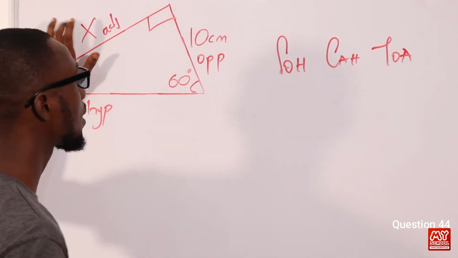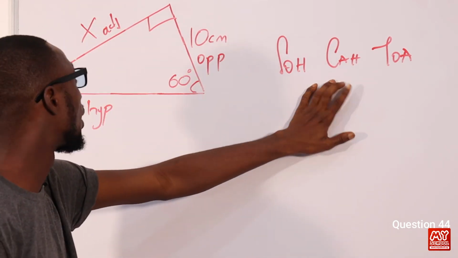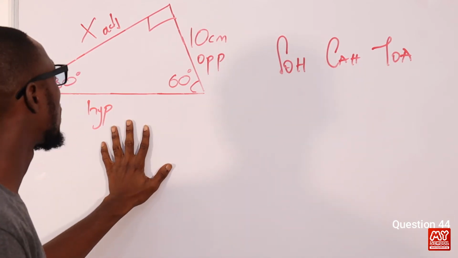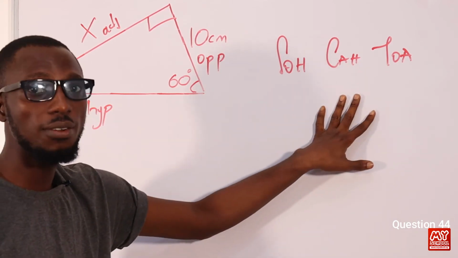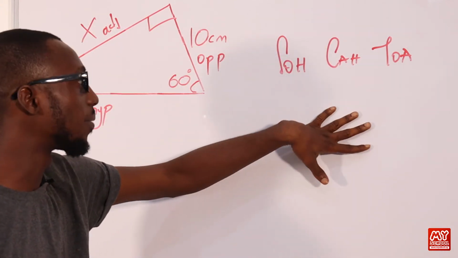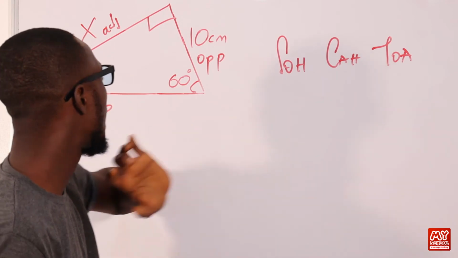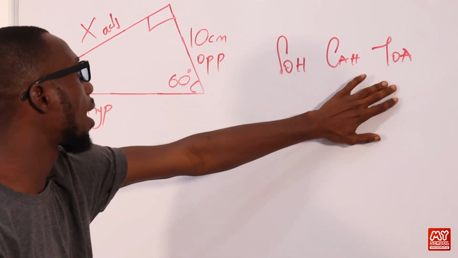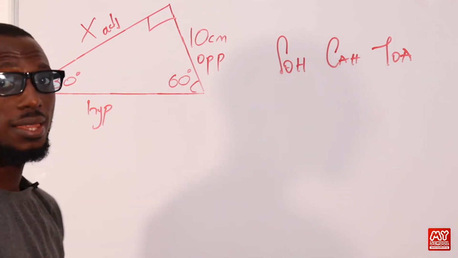We are looking for adjacent. We have adjacent and hypotenuse. We're not given a value for hypotenuse, and we're not given a value for adjacent. So this invalidates cosine. Okay, so let's look at tan. For tan, we are given opposite as 10. Then we are looking for adjacent. Then we also have the angle, which is 30.